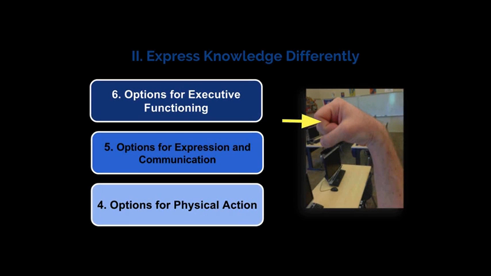learning. So another way that our students need help, and brain science is very crystal clear on this, is that the very front part of your brain where your cerebral cortex is, that's responsible for how we demonstrate our understanding, how we express our knowledge differently. So what does that mean? And how do you do it? Well, it could be options for physically interacting with content.